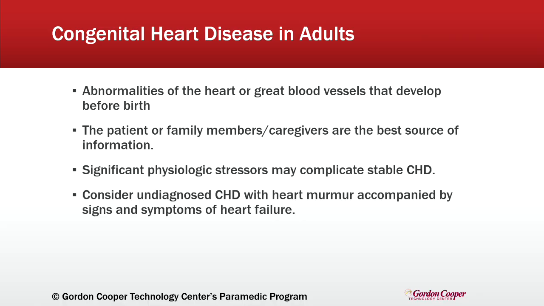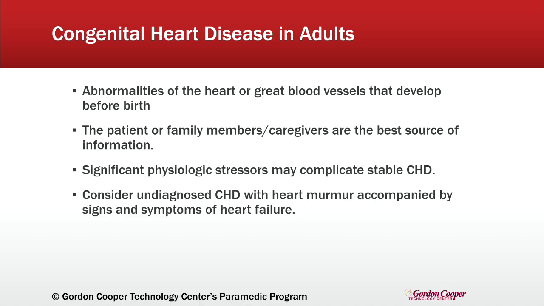Significant physiologic stressors like pneumonia, pregnancy, and sepsis can complicate an otherwise stable congenital heart defect condition. So we're going to need to reach out to medical control for assistance before administering a whole lot of fluids, vasoactive medications, or similar interventions, just to make sure that we're on the right path and we're not going to make things worse with these patients with these congenital diseases.